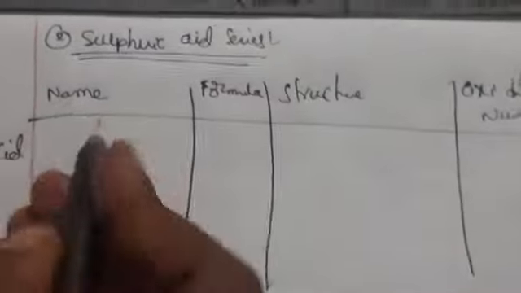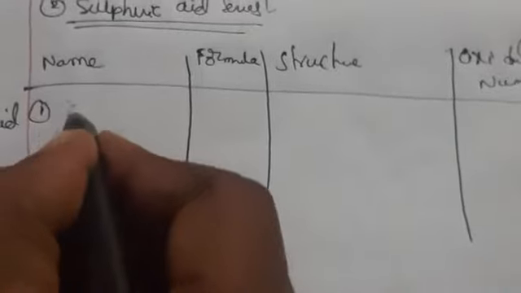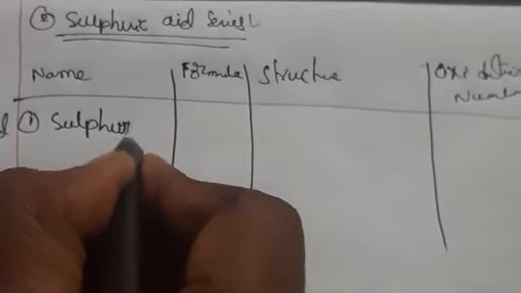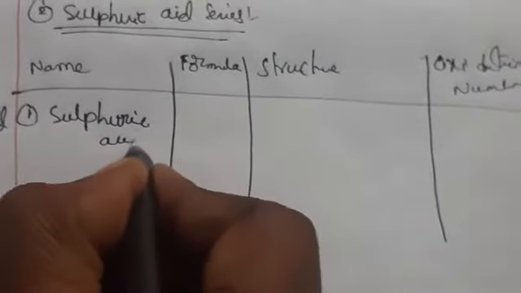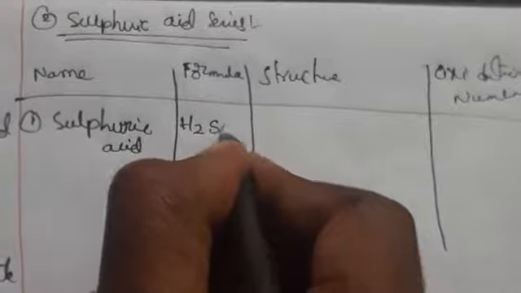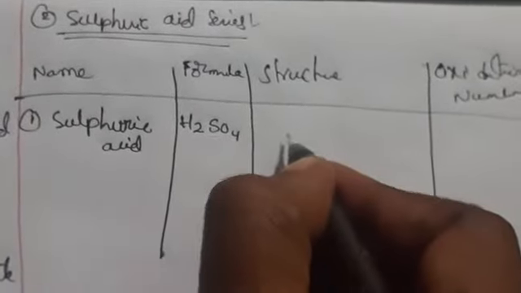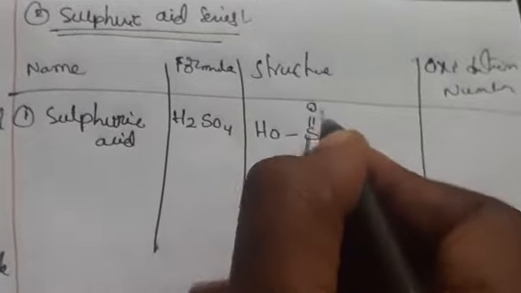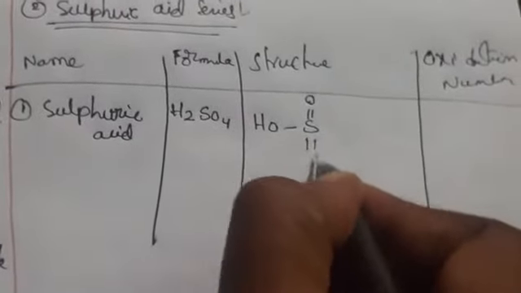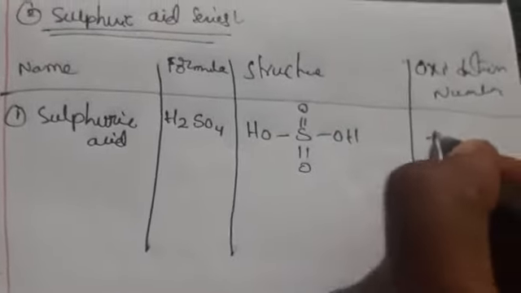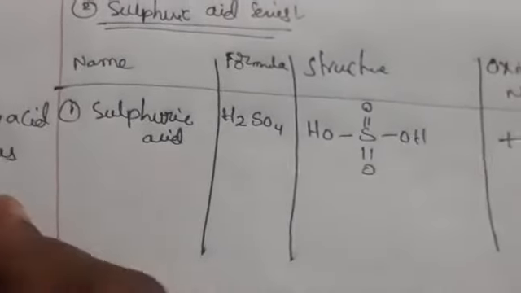Okay, so what is first one? Sulfuric acid. Sulfuric acid, we are having formula H2SO4. The structure here is HO, S double bond O, double bond O, OH. Okay, for this we are having oxidation number +6.